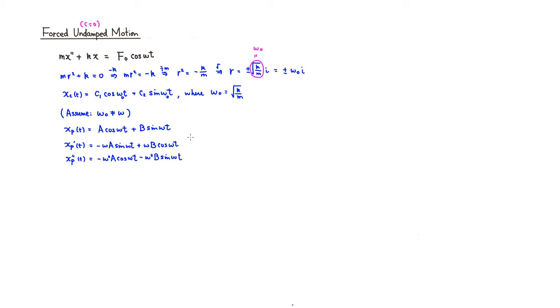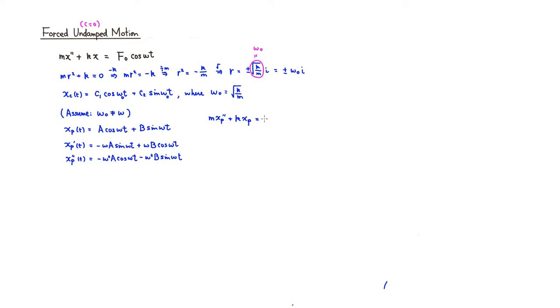All right. So then we can plug this into the differential equation here. So we're going to have m x_p double prime plus k times x_p. We have to multiply the second derivative by m.